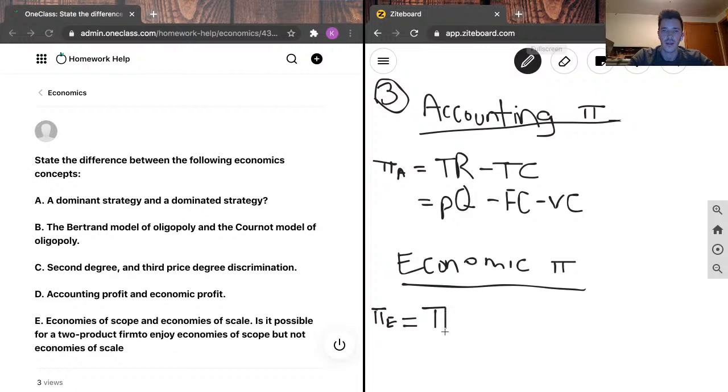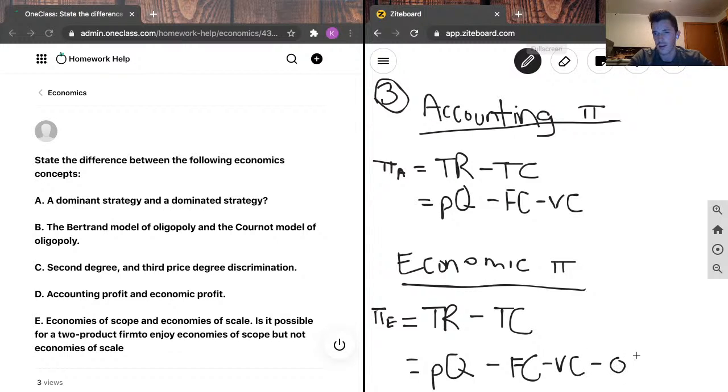So we've got, again, our total revenue minus total cost. And our total revenue is, again, going to be made up of price times quantity. But this time, our total cost is going to be made up of fixed costs minus our variable costs minus our opportunity costs. So obviously, this term here is the difference.